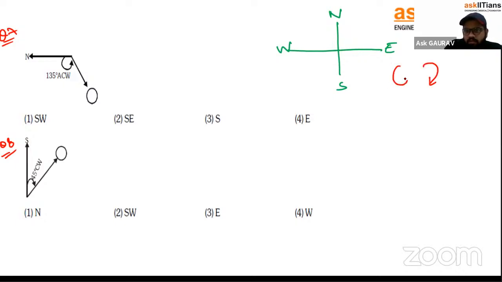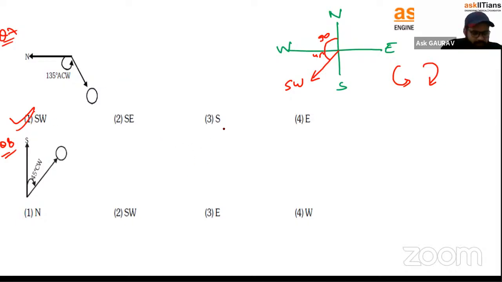This is anti-clockwise direction. So anti-clockwise, this is 90 and again 45. So you will reach here. 90 plus 45 is 135. This direction is what? Southwest. Southwest, first option. Is that clear?